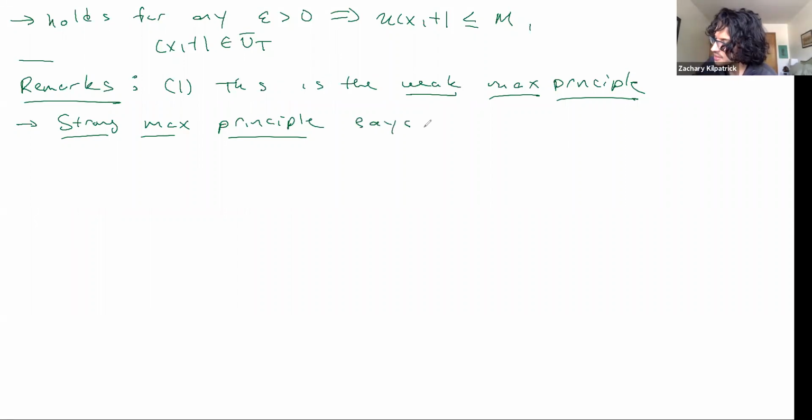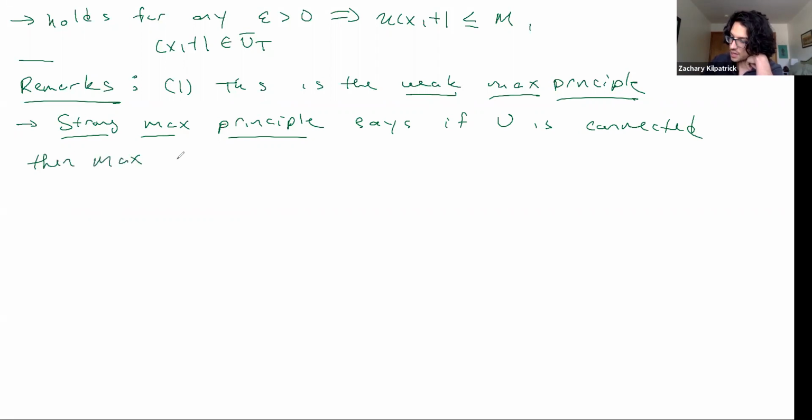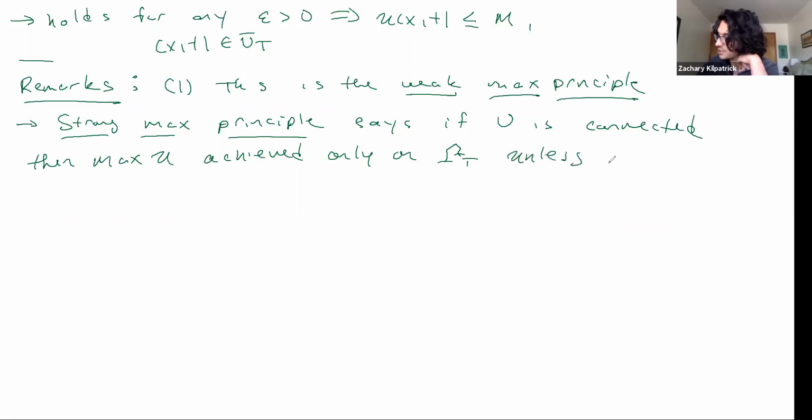essentially says that if U is connected, so I can get anywhere within the domain by drawing a continuous line within the domain, then the max of U is achieved only on gamma sub t, basically unless U is a constant on U_t's closure.